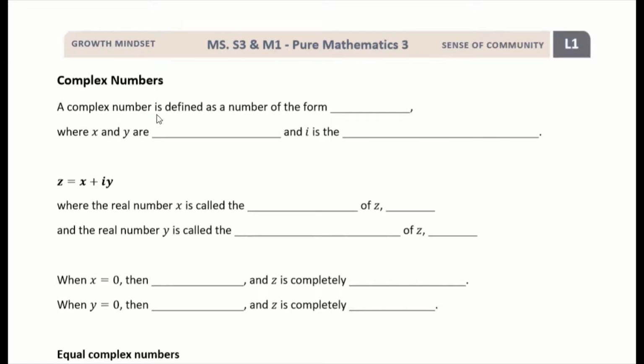So that's why a complex number is a number defined as a number of the form x plus iy. Maybe sometimes they use a plus bi. They just mean the same thing, it's just they are using x, y, or a, b only. Where x and y are the real numbers and i is the unit imaginary number.